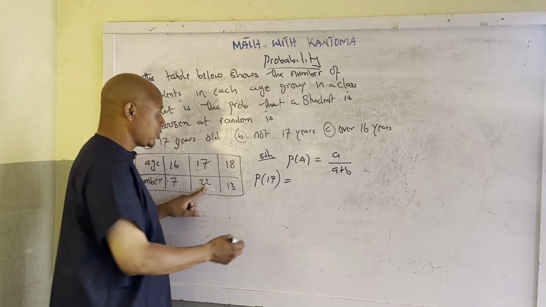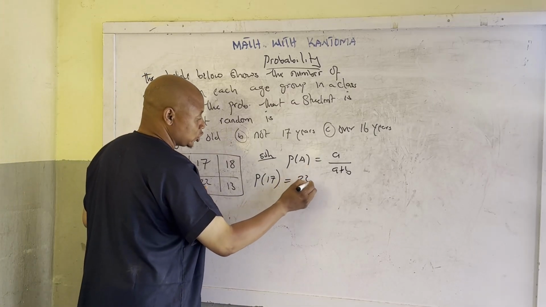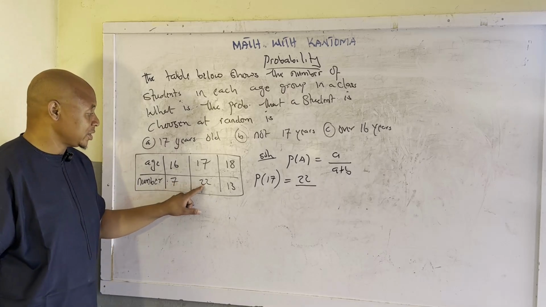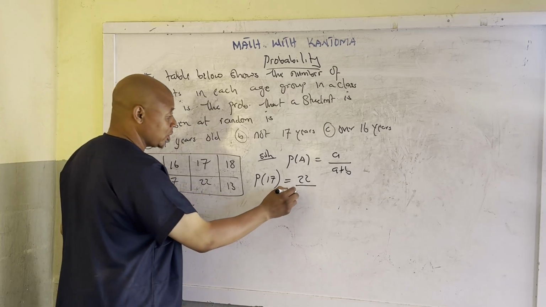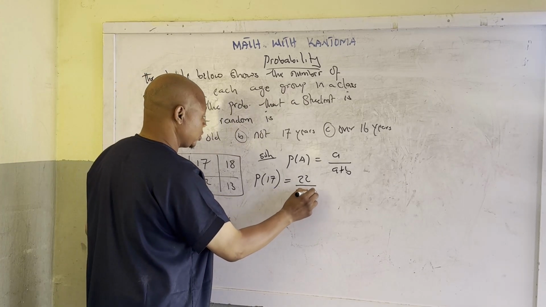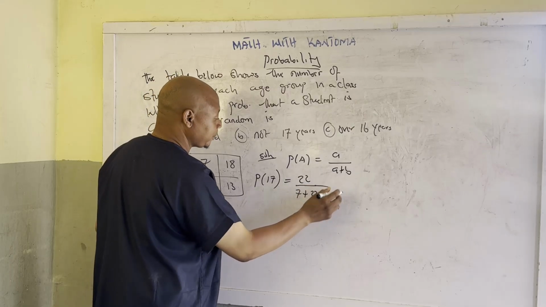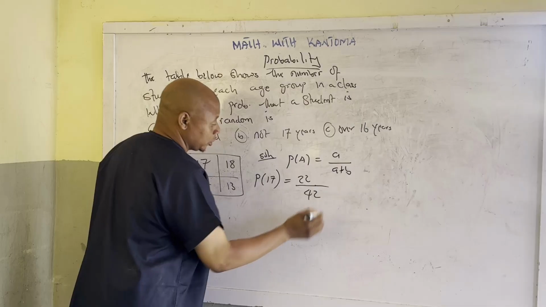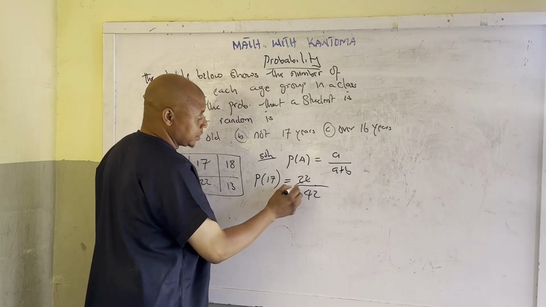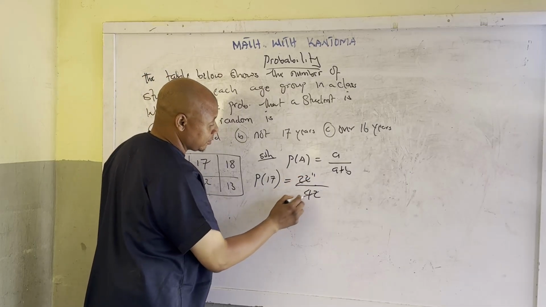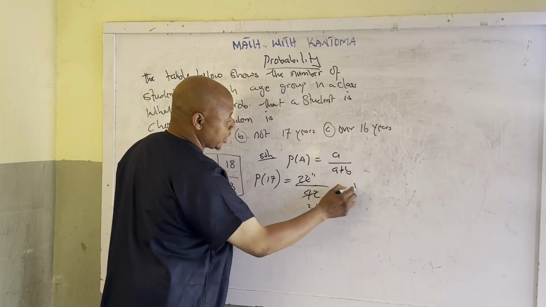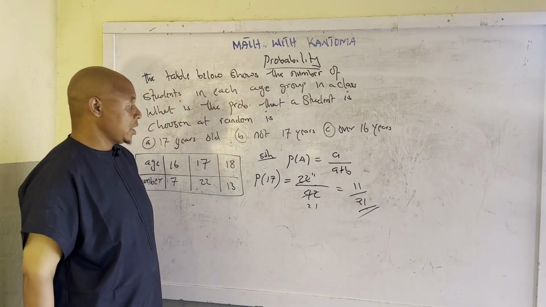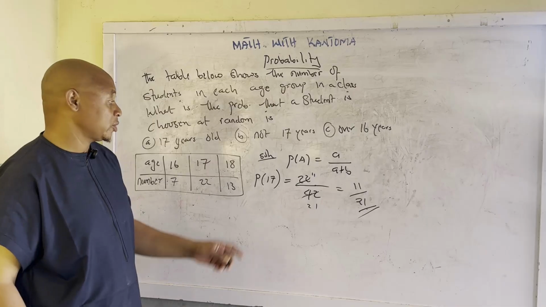So the number of students that are 17 is 22, divided by the total number of students, which is 7 plus 22 plus 13, and that is 42, not 41. So now, 2 here is 11, 2 here is 21. So we have 11 over 21 as the probability of a student chosen at random being 17.